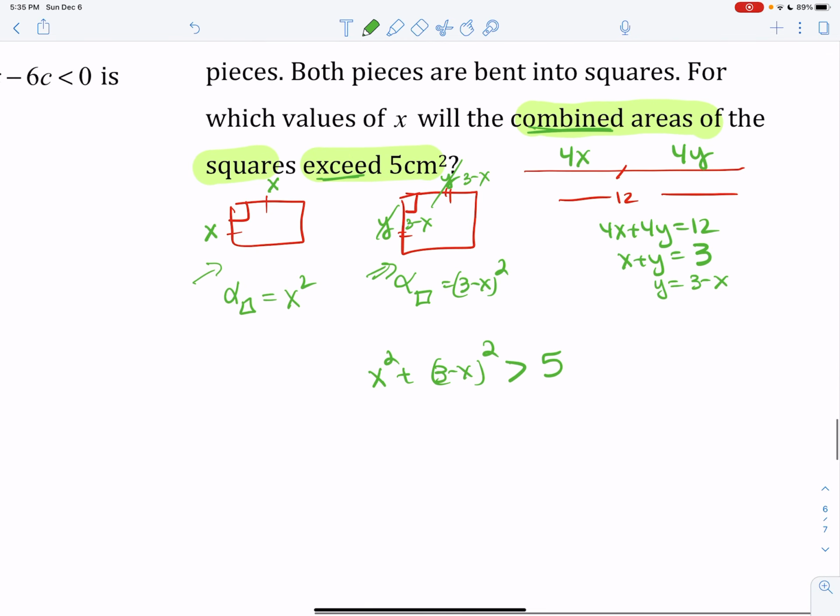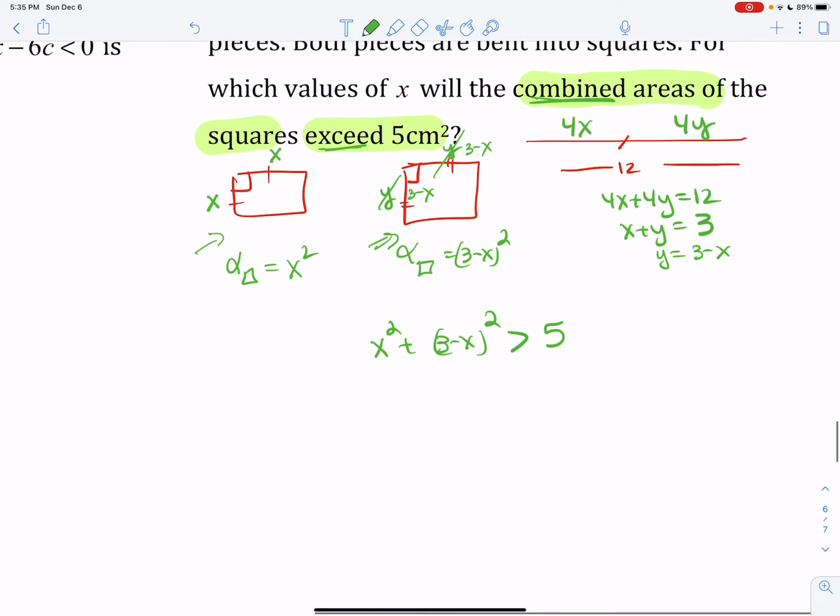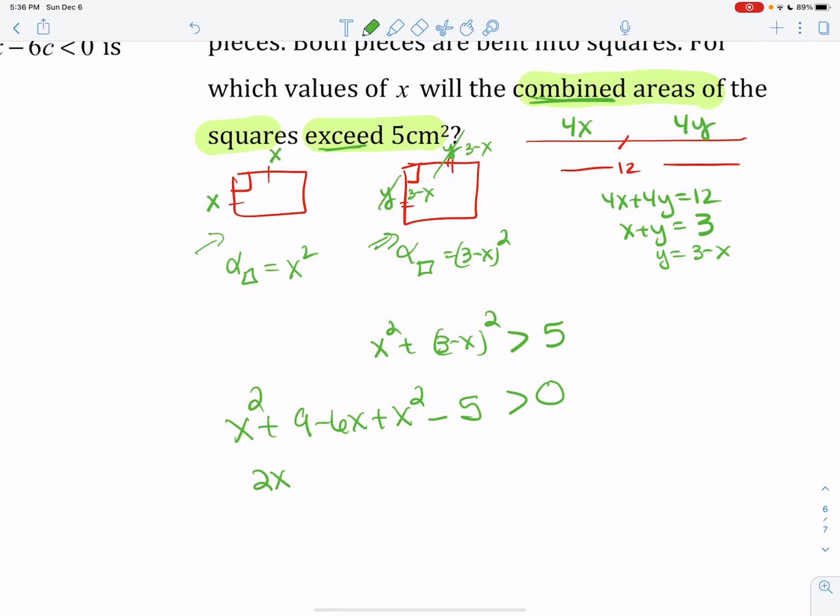So now we're back at the beginning where we have a polynomial with an inequality. If we simplify that, we have x squared plus 9 minus 6x plus x squared. We want to get 0 on one side, so I'm just going to immediately subtract over my 5, greater than 0. So I'm really looking at 2x squared minus 6x plus 4.